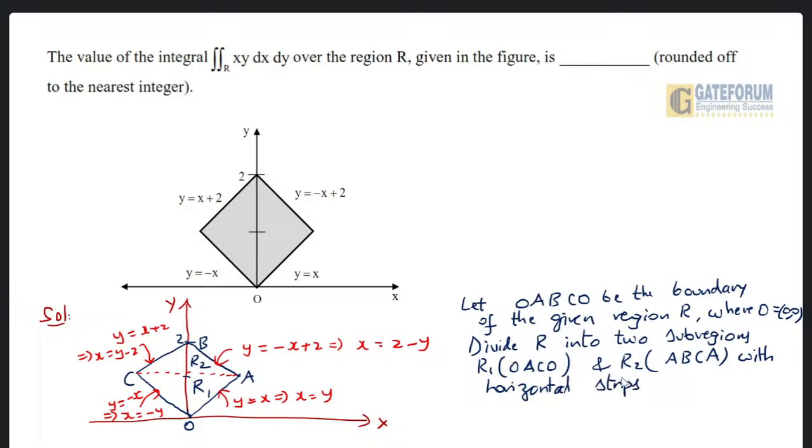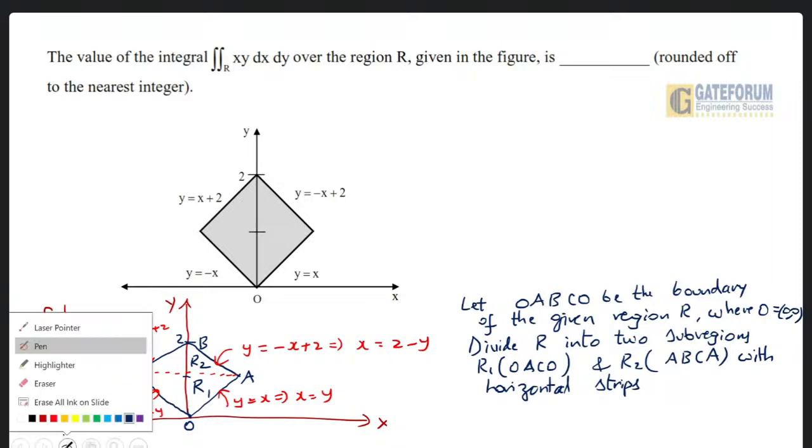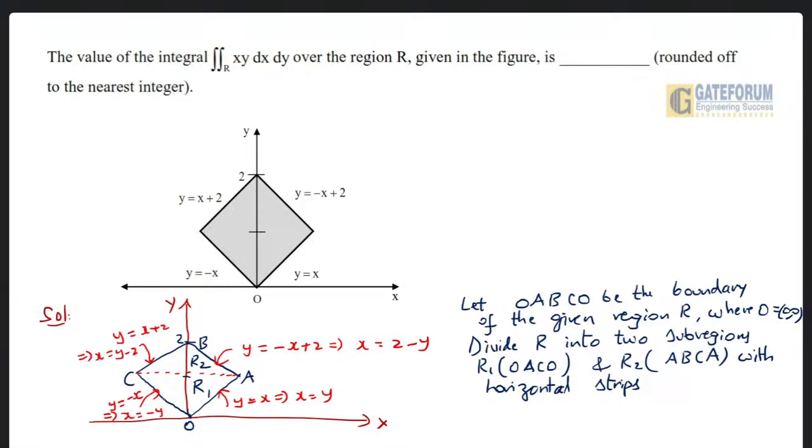Okay. So in these regions R1, R2, take a horizontal strip. Here I am taking this strip, a horizontal strip, and here this is the horizontal strip. The strip is denoted by PQ, or you can denote P1, Q1, P2, Q2.